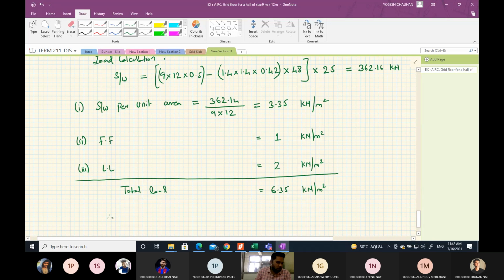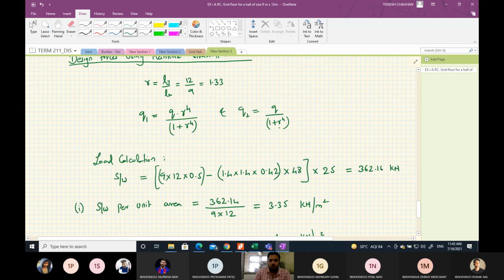Therefore, the factored load we call this as Q, which will be used in the formula. So let us mark this as number 1.